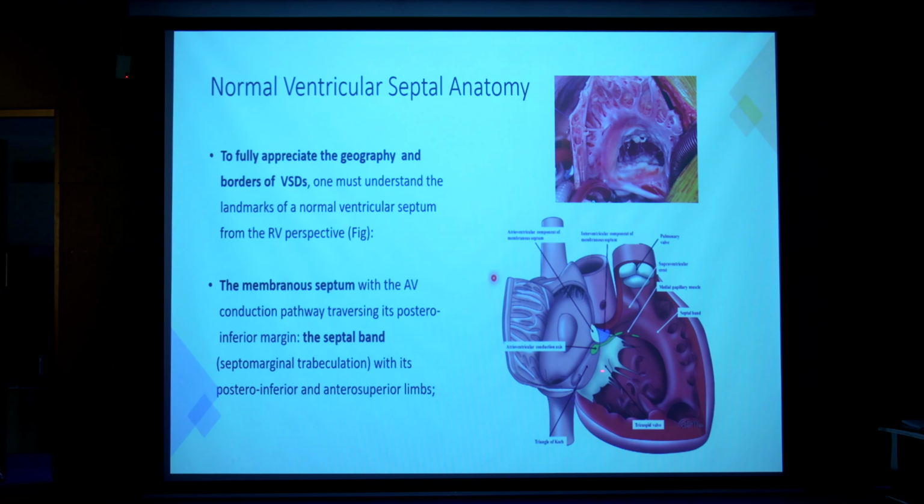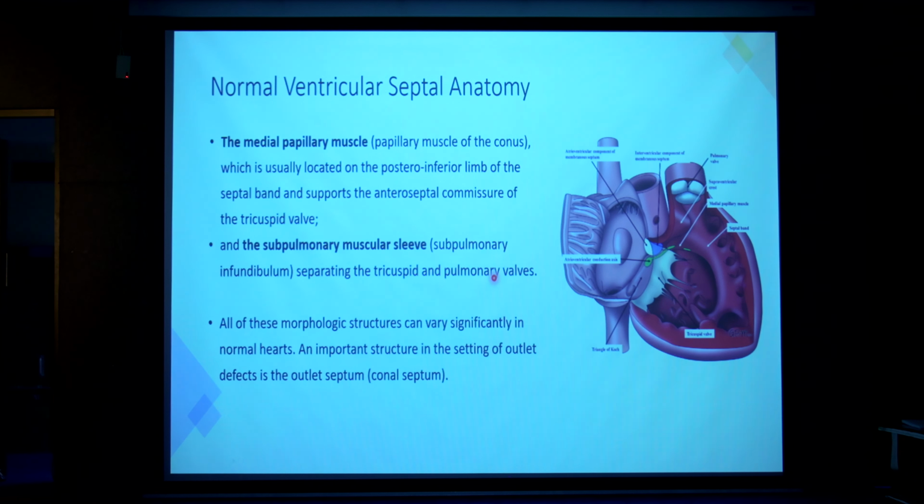The inlet septum is from the septal leaflet of the tricuspid valve to the septal papillary muscle. This is the inlet septum, that is the outlet septum, that is the trabecular septum, that is the membranous. So you need to understand the various parts of the septum and the various landmarks on the right ventricular aspect of the interventricular septum.